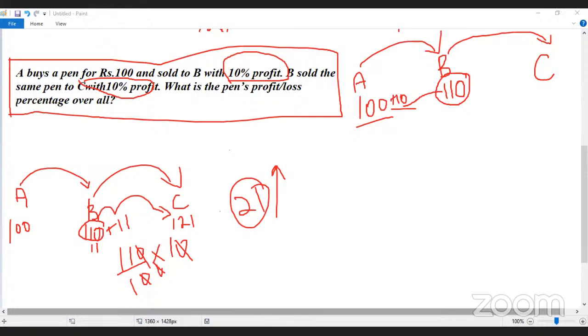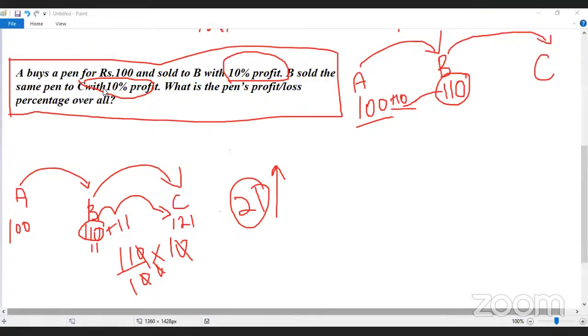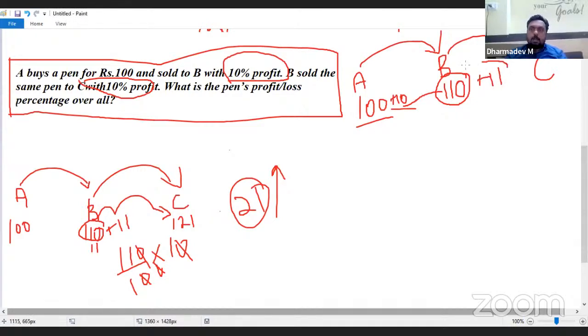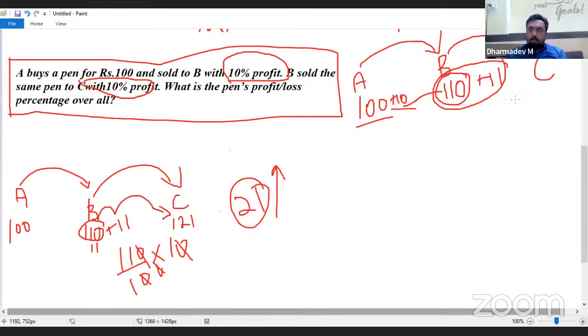It's 11. So plus 11. So 110 plus 11. How much? 121. Good. So 121.